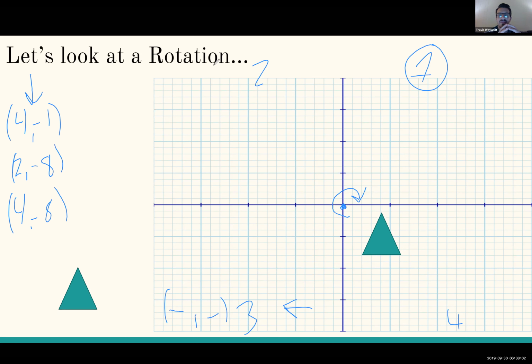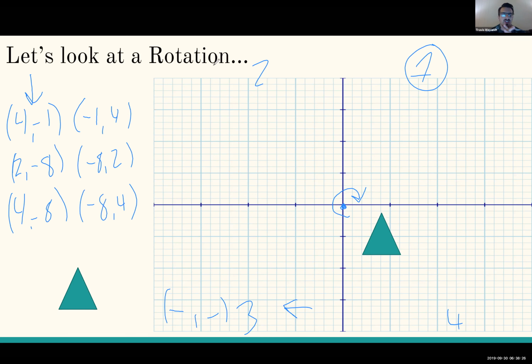The only difference with a rotation is before I do that, I actually need to flip these numbers. So I need to make the y the x, and the x the y.